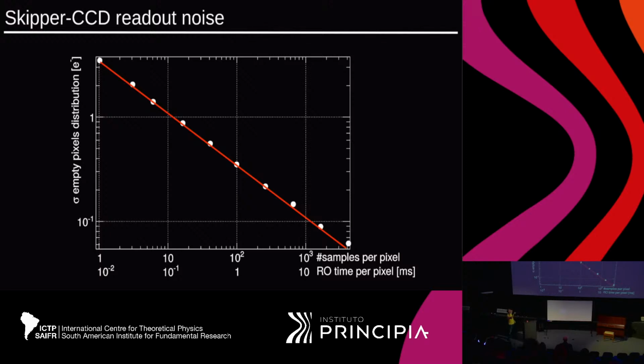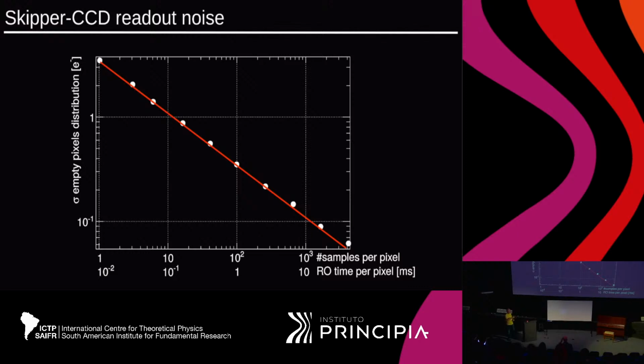And the dots here are actual measurements, and the red line here is not a fit. It's just taking the value for the single sample readout noise, in this case 3 point something, and dividing that by the square root of the number of samples that you take. That is the theoretical prediction for uncorrelated independent samples.